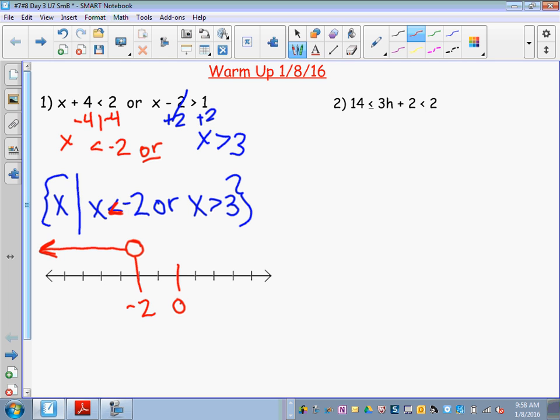Not always, but that's not something you deal with yet. So for right now, an OR statement should go in opposite directions.